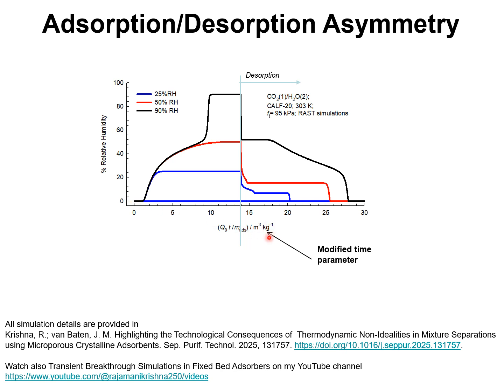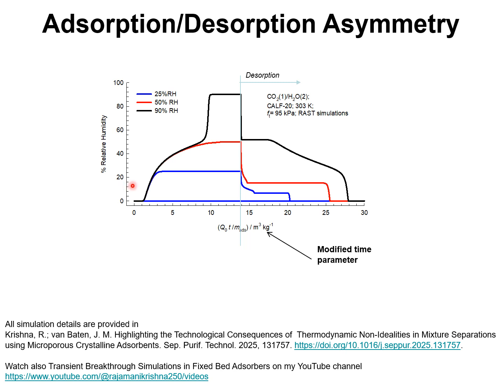The modified time parameter is Q0, which is the flow rate of the gas mixture at the inlet with the units of cubic meters per second, times t, the time in seconds, divided by the mass of adsorbent in kilograms. So the modified time parameter has the units of cubic meters per kilogram.